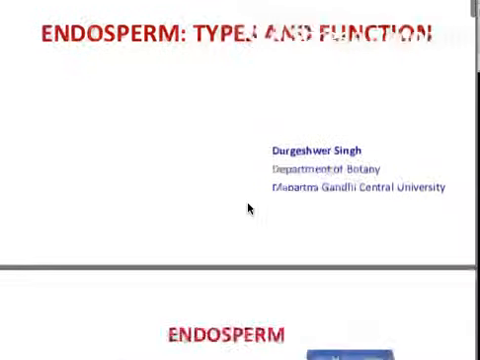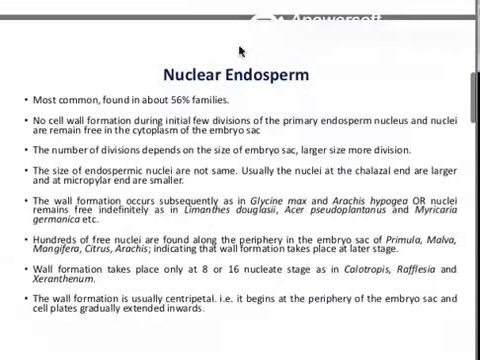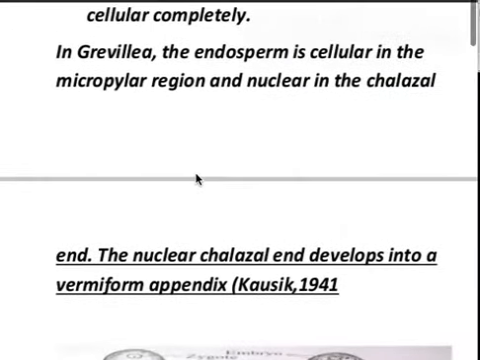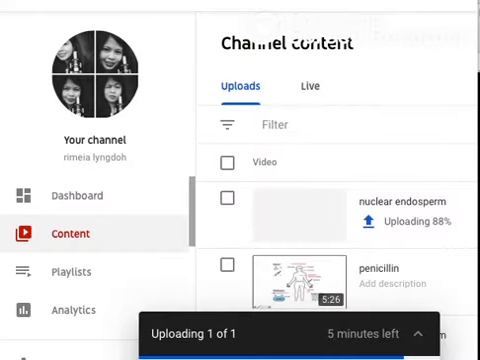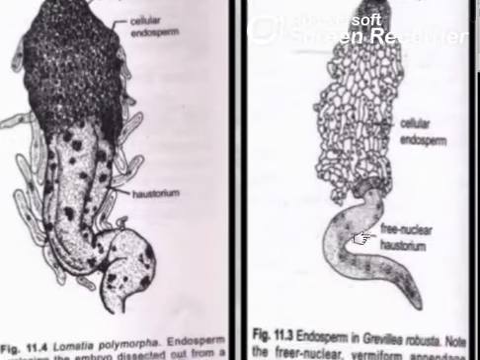Okay, so if you notice that in Grevillea robusta, the type of formation of the endosperm is that towards the opening of the seed, you will notice that there is cellularization, but towards the opposite of this seed there is no cellularization.